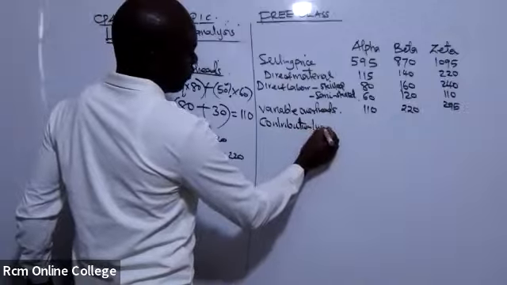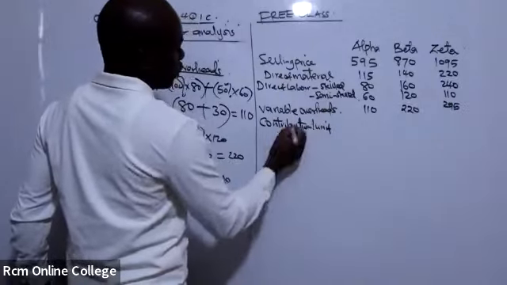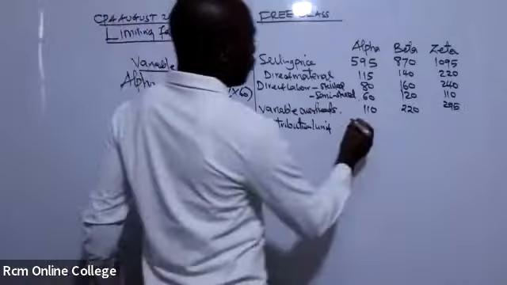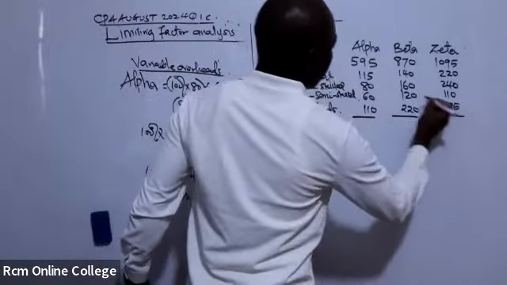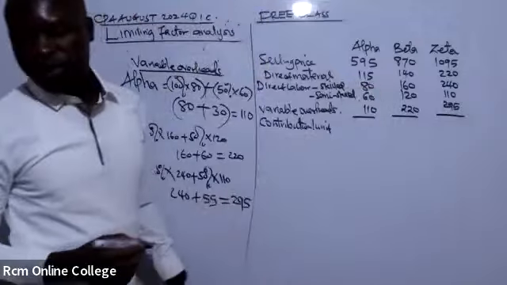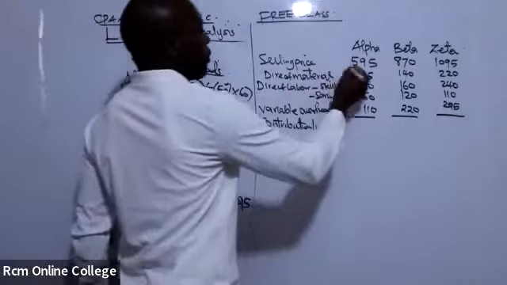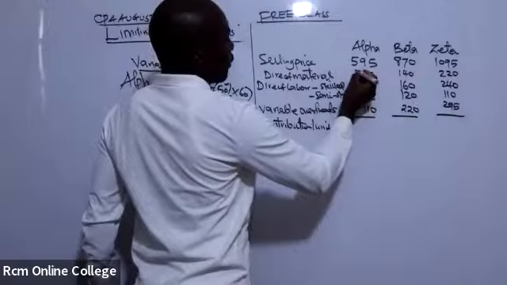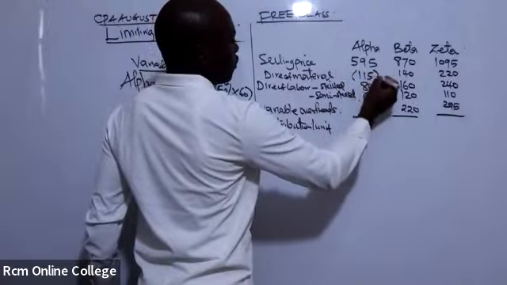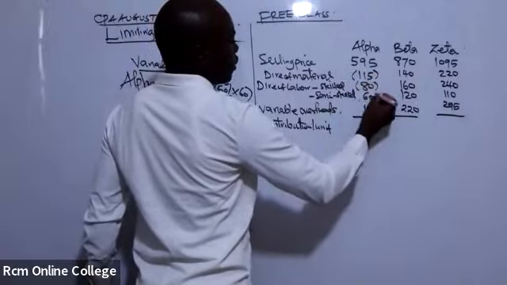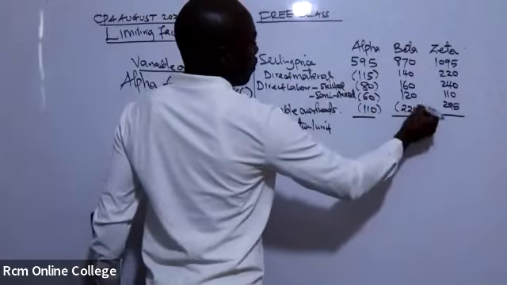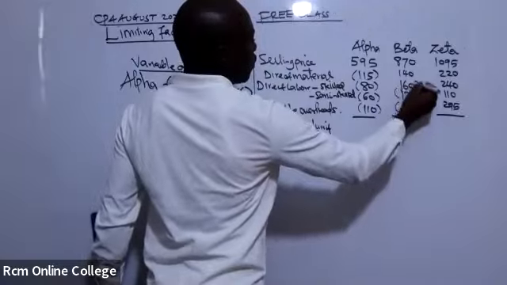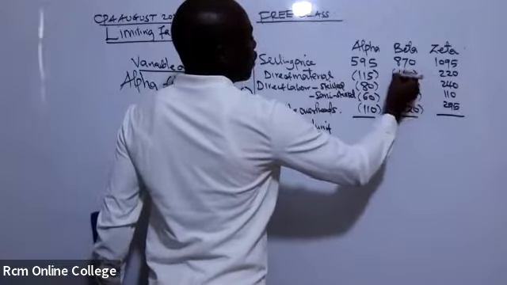So let's go ahead and get what we call contribution margin, contribution per unit. So contribution per unit is equal to selling price per unit minus all the variable cost. That is the prime cost component plus the variable overhead component. Let's put them in negative.